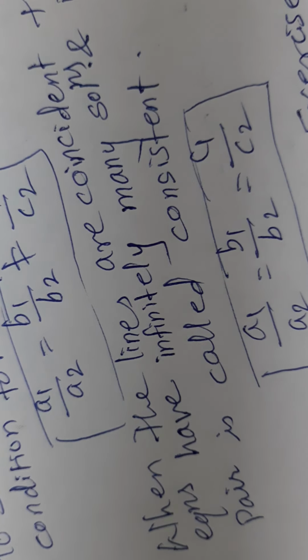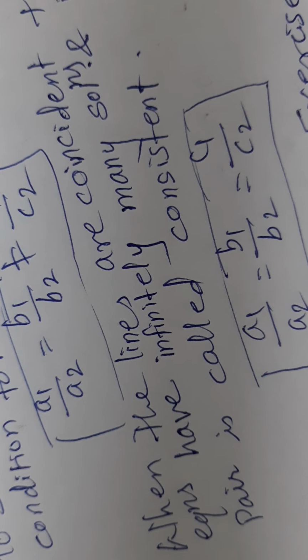Form a pair of linear equations in the following problems and find their solutions graphically. Ten students of class 10 took part in a mathematics quiz. If the number of girls is 4 more than the number of boys, find the number of boys and girls who took part in the quiz.